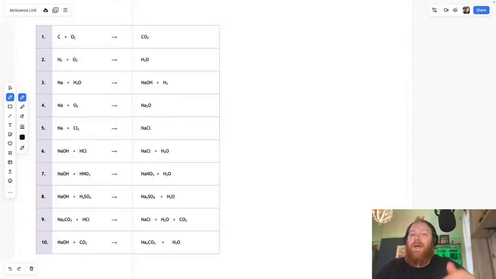It does depend on what they are getting you to do on this paper, but in general, they will ask you to balance it out. And with balancing it, you will then be expected to sometimes add the state symbols and in other times just simply put the equation as it is.